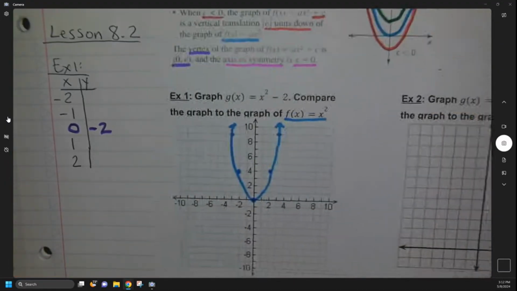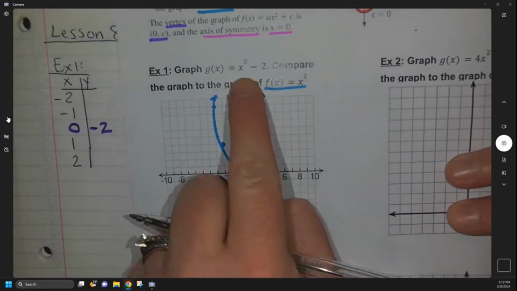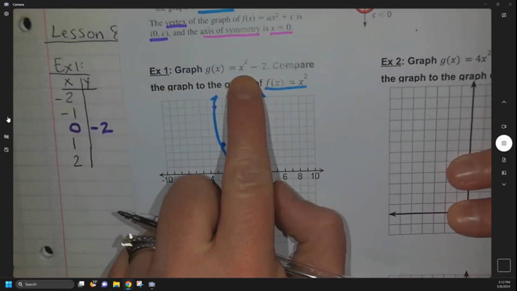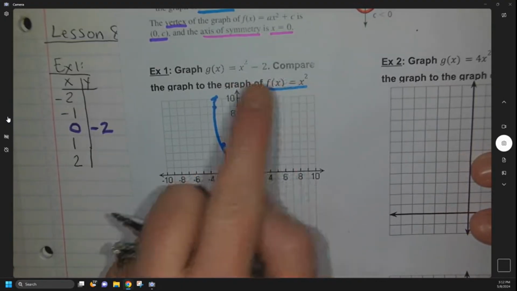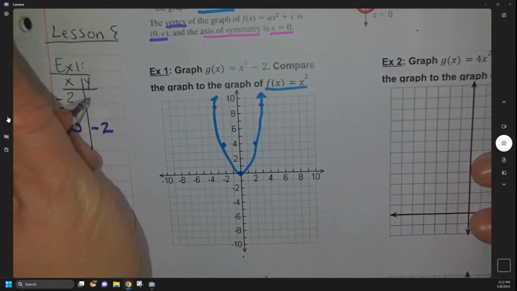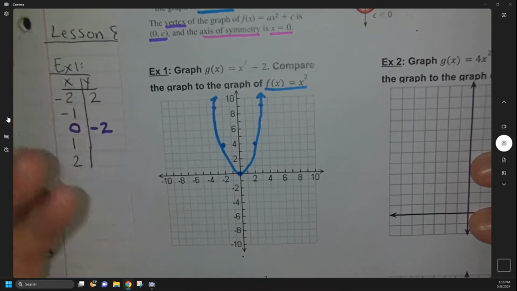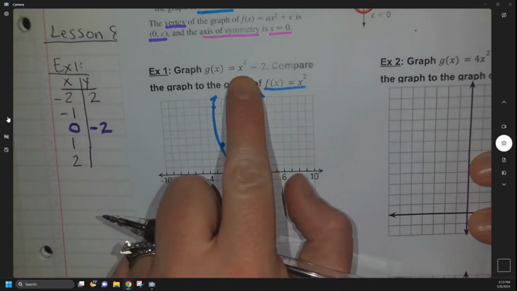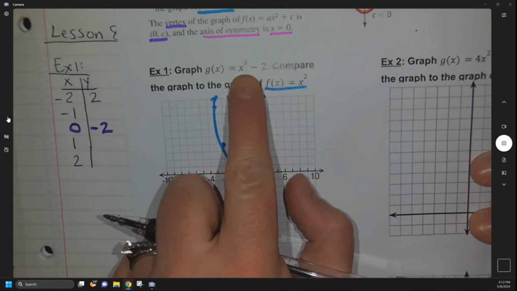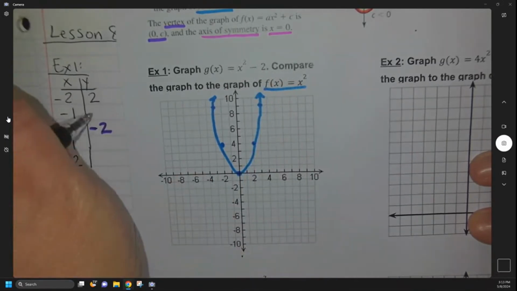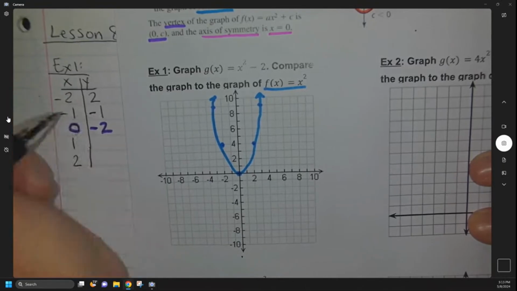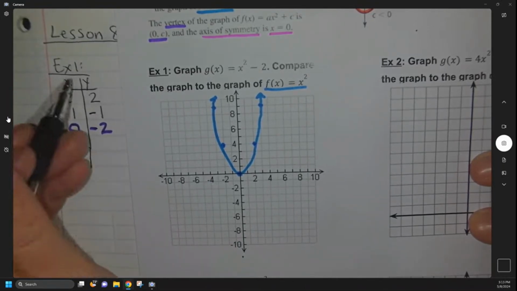So I plug it in to my equation. We've got negative 2 squared is 4. 4 minus 2 is 2. Negative 1 squared is 1. 1 minus 2 is negative 1. And remember that it is symmetrical.